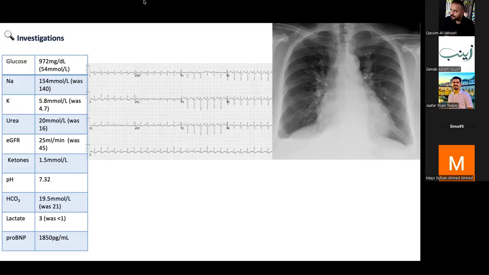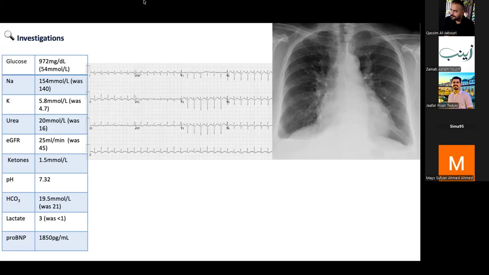Lactate is high. We have multiple problems: AKI and CKD, hyperglycemia, hypernatremia. It's probably HHS. You need to calculate osmolality and measure osmolality, so I would check both measured and calculated osmolality. Okay, excellent.